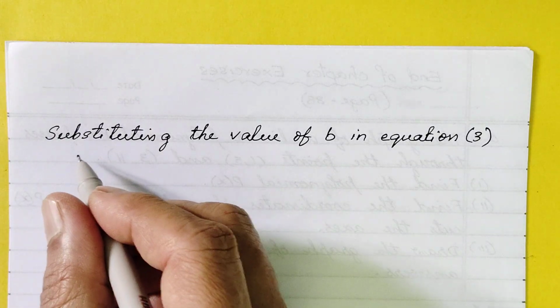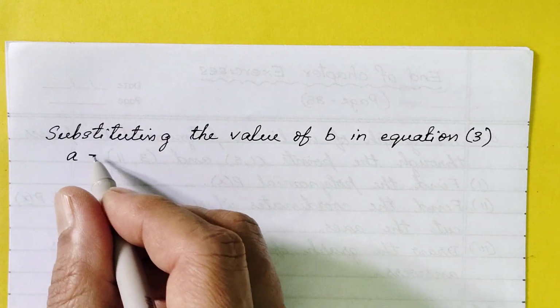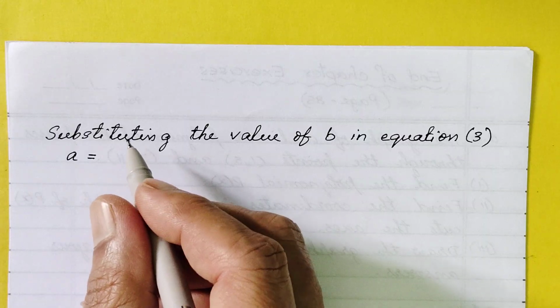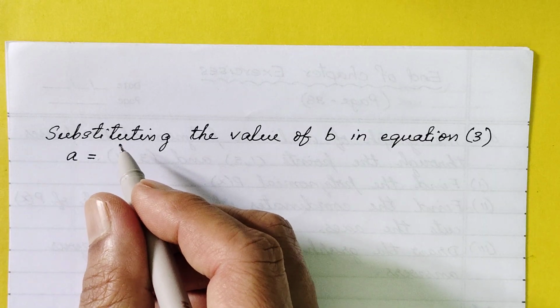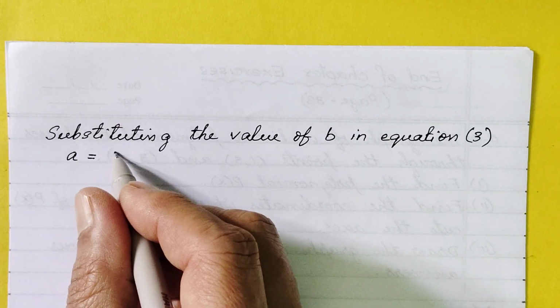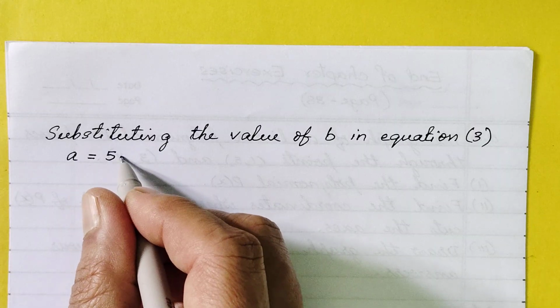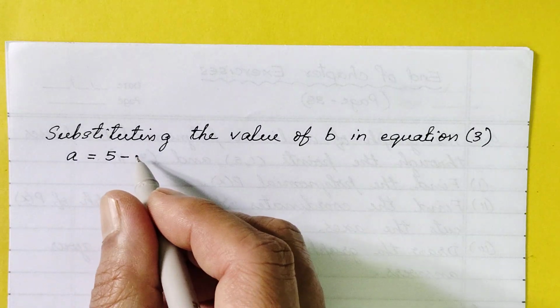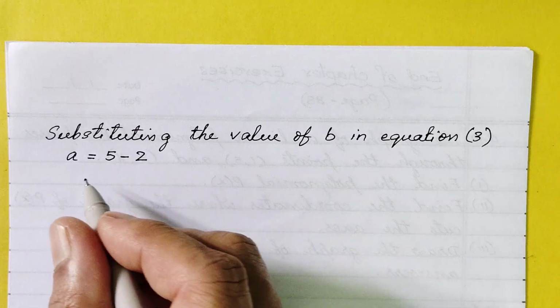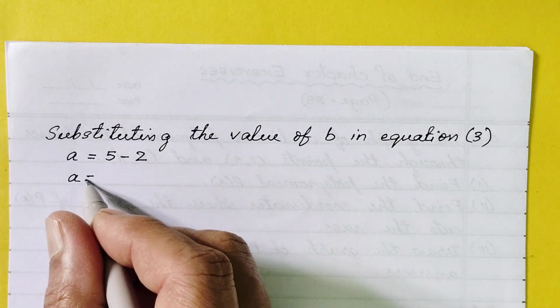So equation 3 is a is equal to 5 minus b. So 5, the value of b is what? 2. So 5 minus 2. So a will be equal to 3.